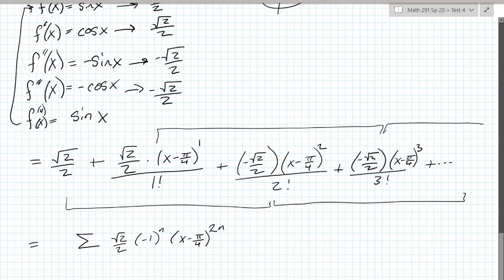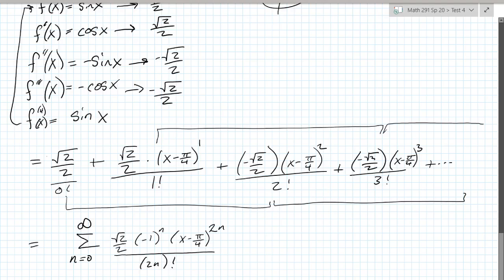So 2n, divided by, and again, here's 0 factorial, 2 factorial, 4 factorial, and so on, so 2n factorial. Does this work starting at 0? Starting at 0, we have square root of 2 over 2. Okay. Starting at 0, we have a positive. Okay, that works as well.